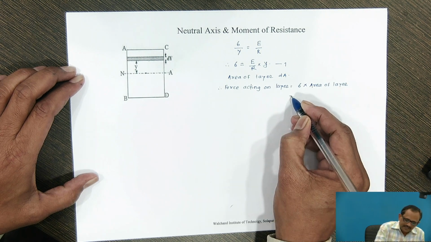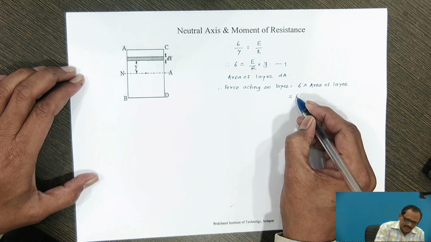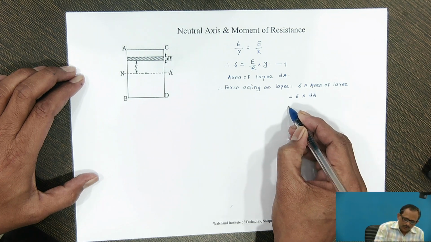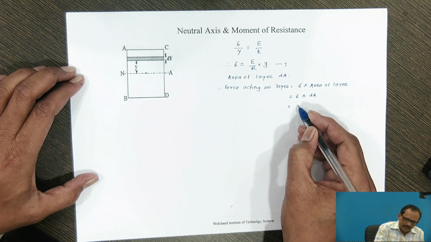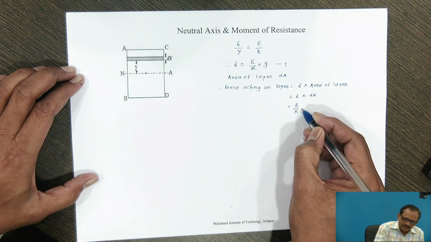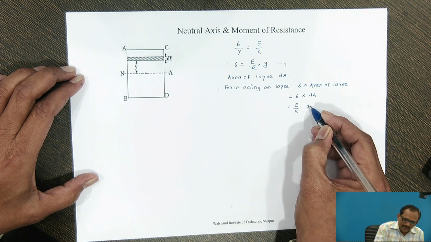Therefore, stress is sigma and area is dA. So, putting the value of bending stress in the above equation, you will get E upon R into y into dA.